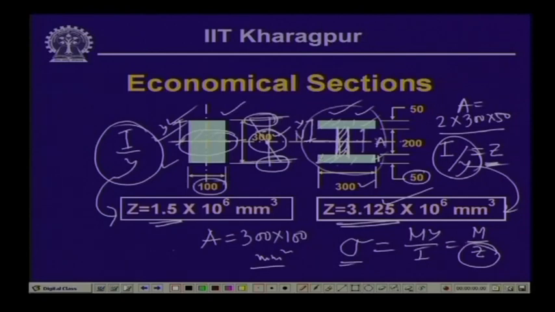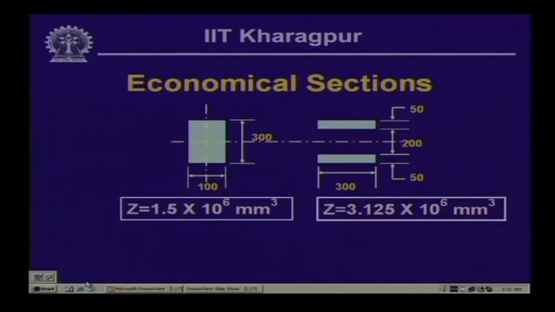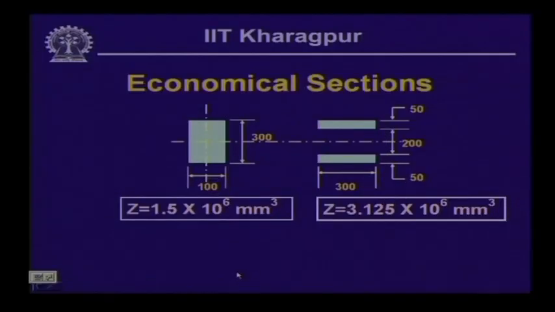Now, if we can have this kind of a section which is similar to an I section, this becomes more efficient in comparison to a rectangular section having the same area. That means, if we have the same area for a rectangular section vis-a-vis an I section having the similar area with the same depth, we find that an I section will be more efficient in comparison to a rectangular section, so far as the bending stress transfer is concerned.